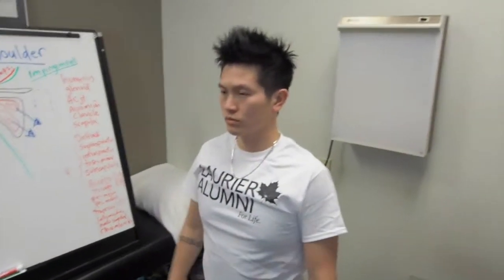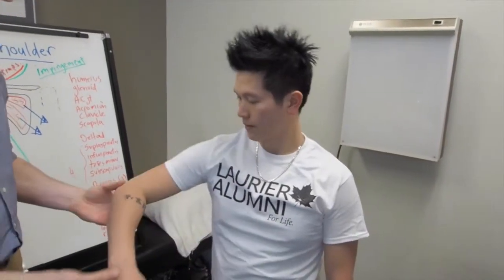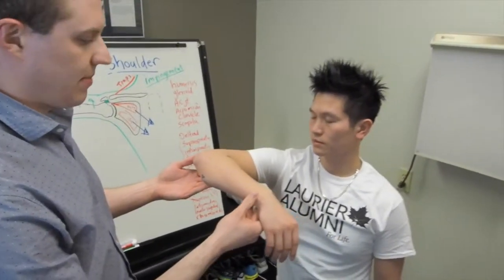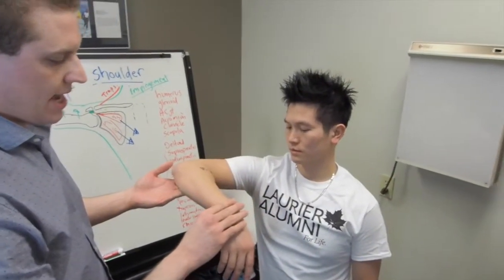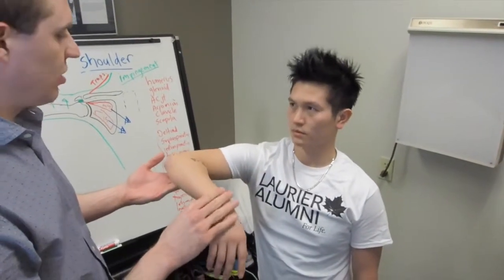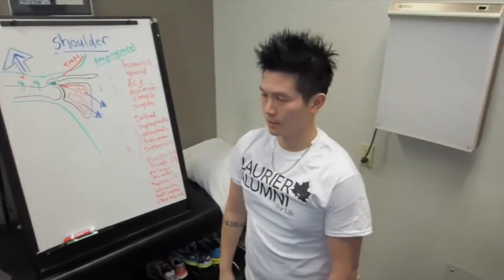We can move into some other special tests now. So I can do Hawkins to also test for supraspinatus. Standing in front of the patient, bring their elbow just slightly above their shoulder at about 45 degrees. And then you just want to apply some gentle downward pressure to the wrist a couple times, and they'll let you know if they're feeling impingement pain similar to what they previously experienced.